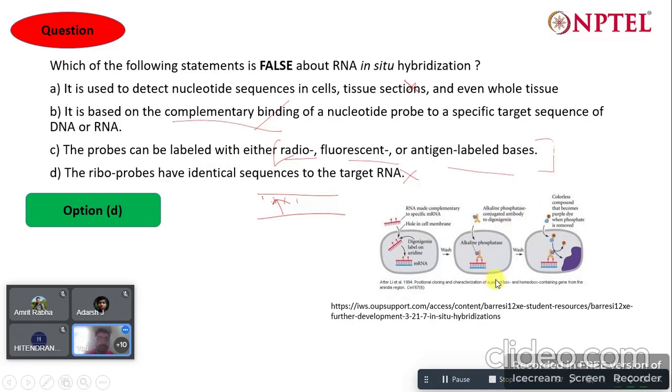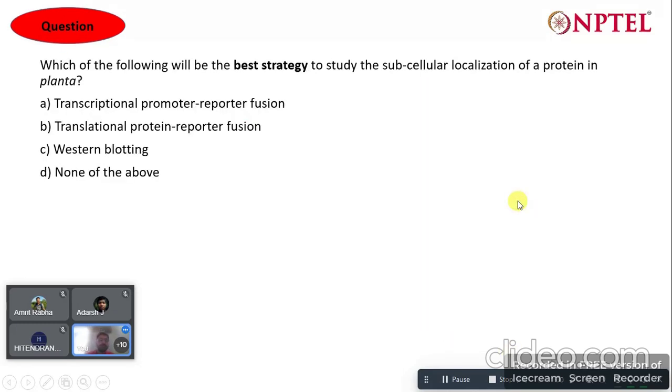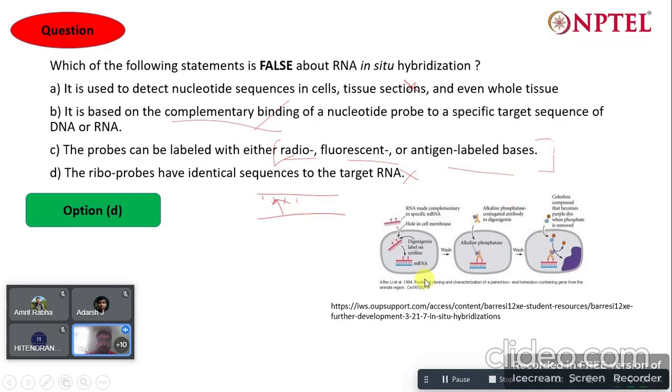And this is basically a representation of how the final steps of the RNA in situ hybridization are done. This is the mRNA that we have to find, and this is the probe that is labeled with digoxigenin.